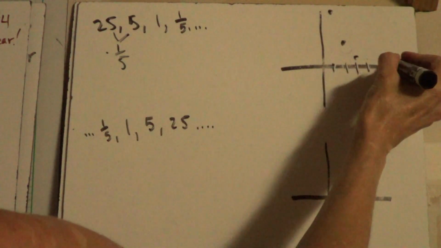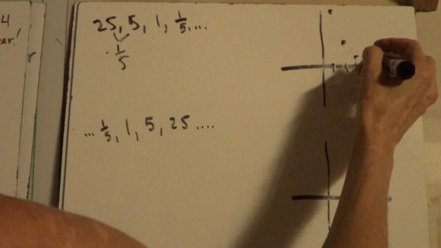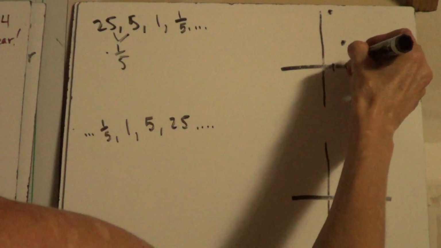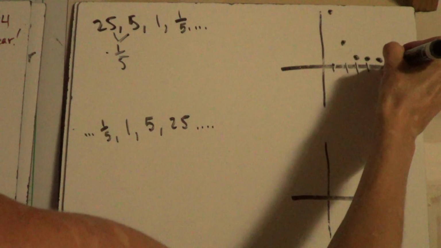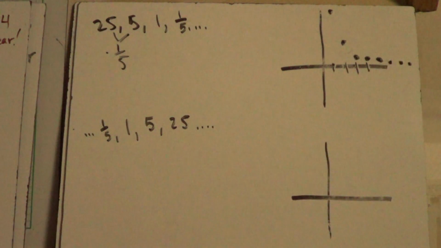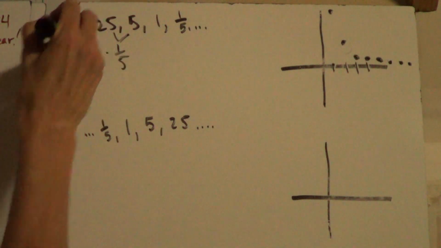So this means I can extend dots going down, okay? Going the other way, there were dots.